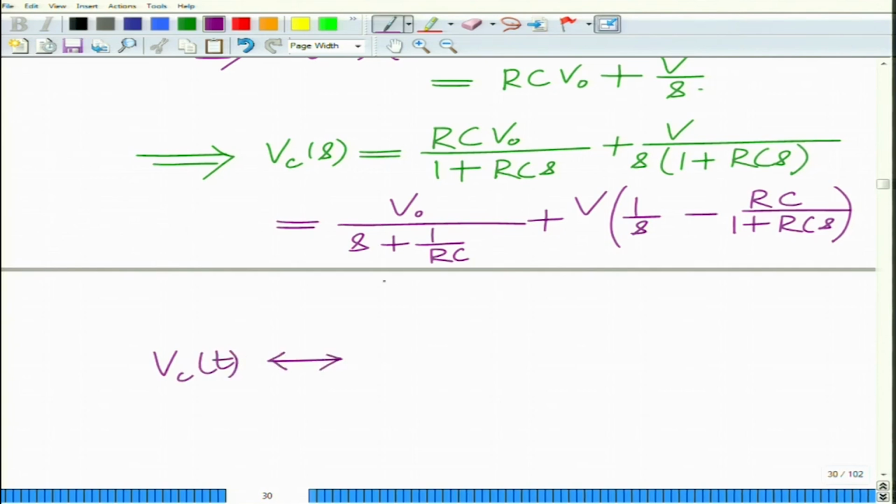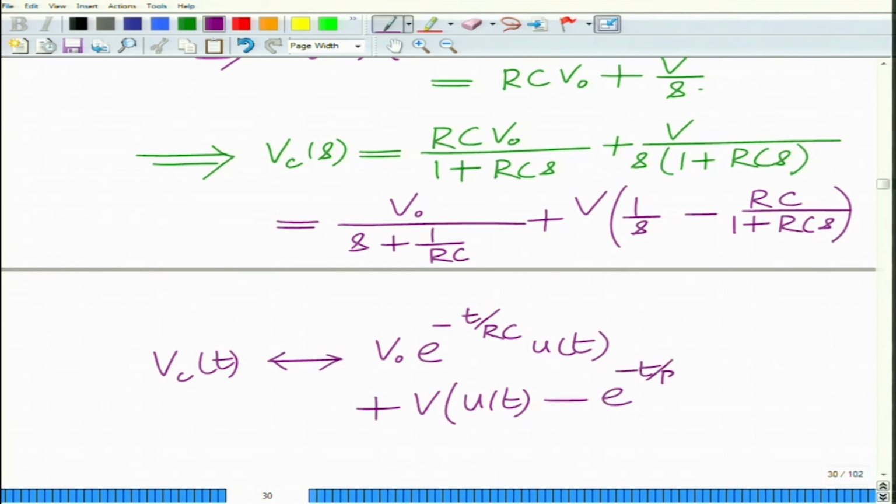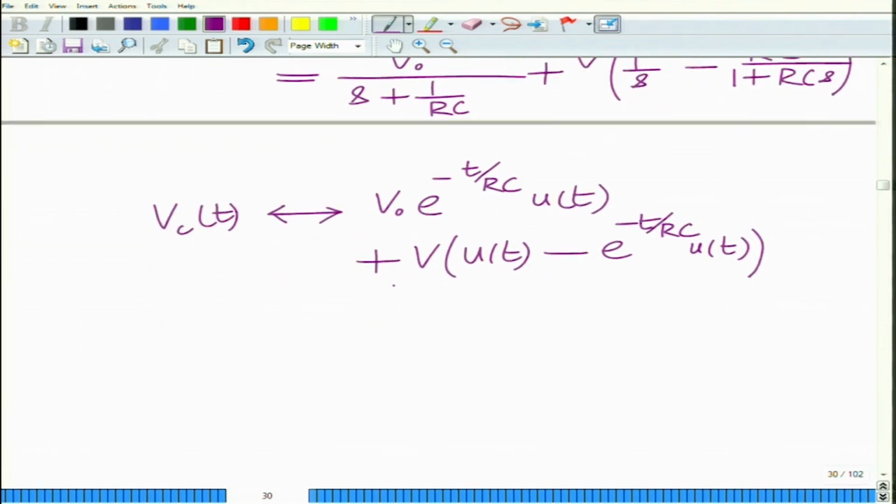The inverse Laplace transform of V naught over (s plus 1/RC) is V naught e raised to minus t over RC times u(t), plus V times the inverse Laplace transform of 1 over s, which is u(t), minus the inverse Laplace transform of RC over (1 plus RCs), which is simply e raised to minus t over RC.